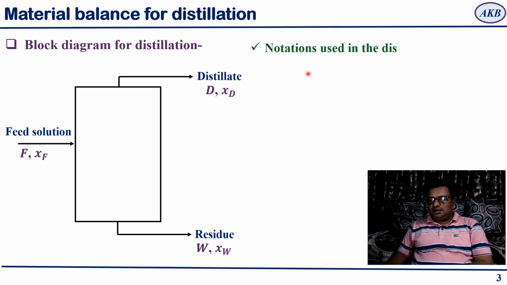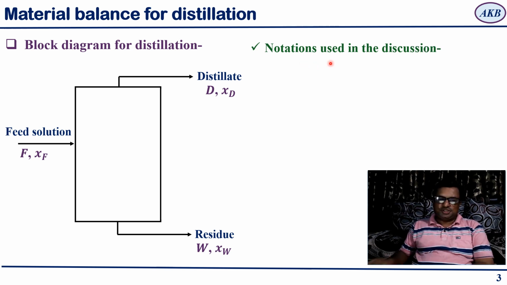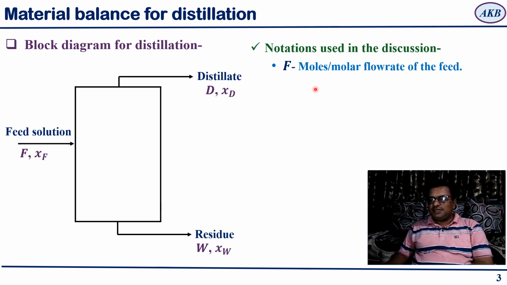Now let us talk about the notations that are used in this discussion. Over here you can see there are 6 different notations: F, XF, W, XW, D, XD. Let us first understand what these notations are. Here F represents the moles or molar flow rate of the feed.